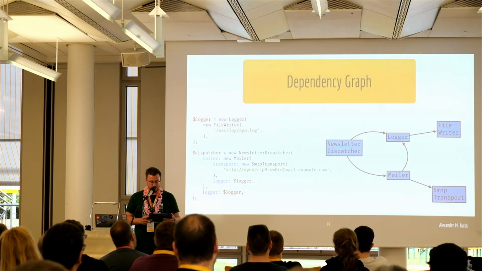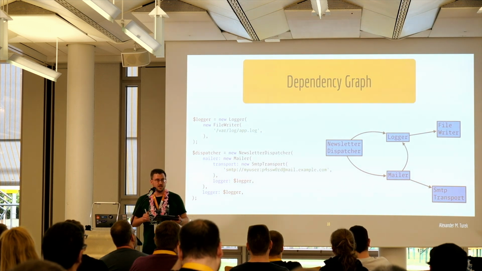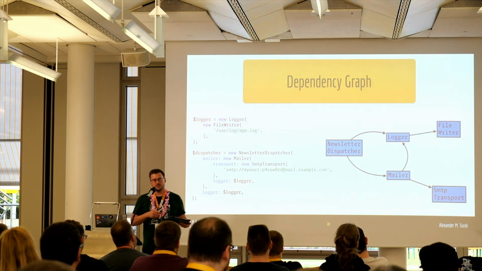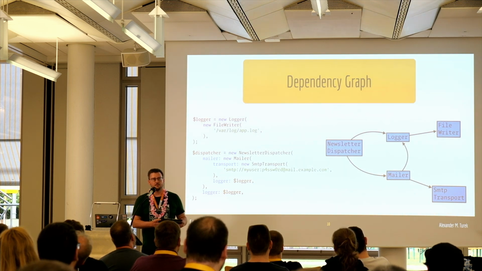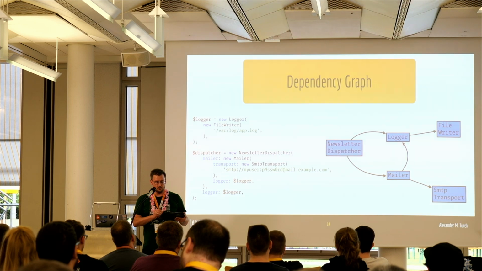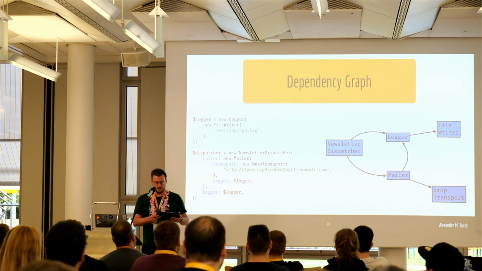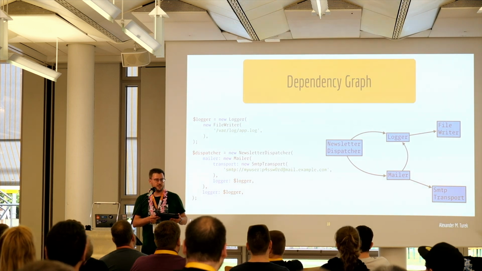In this case, my newsletter dispatcher receives a logger and receives a mailer, and those loggers and mailers also have constructors, and if in those constructors we also see dependencies being created, then this ripples down, right? So my logger probably needs some storage backend, in this case, a class that I call a file writer.